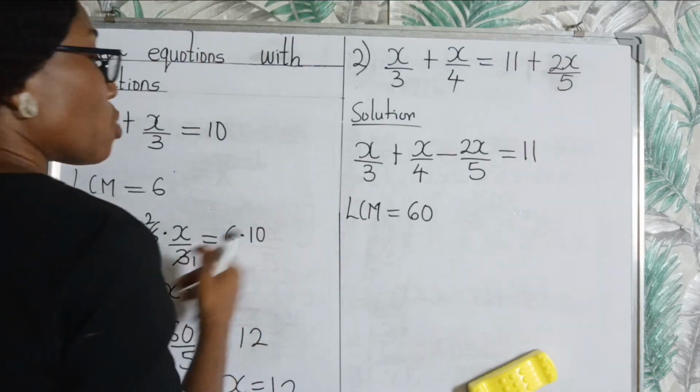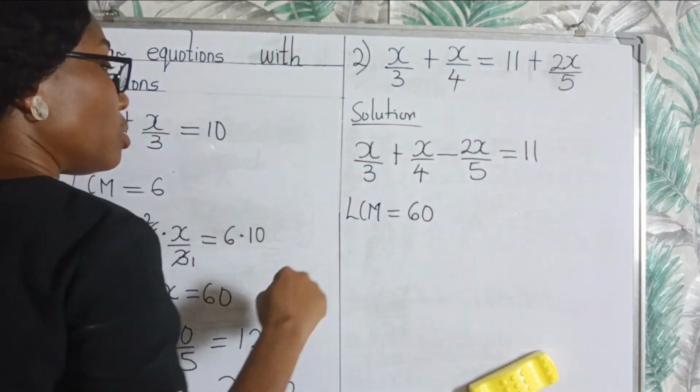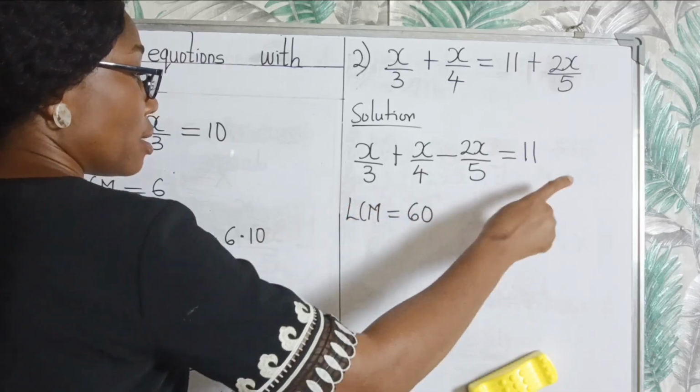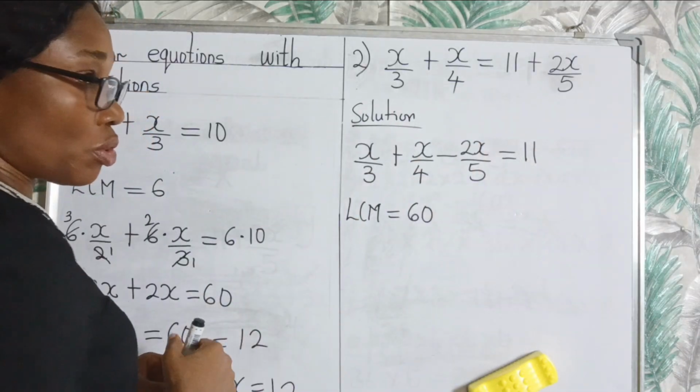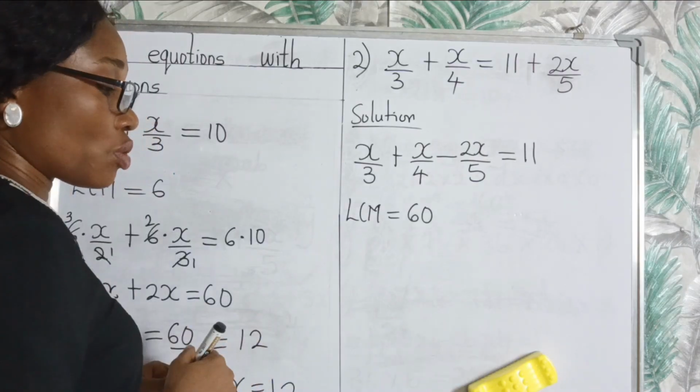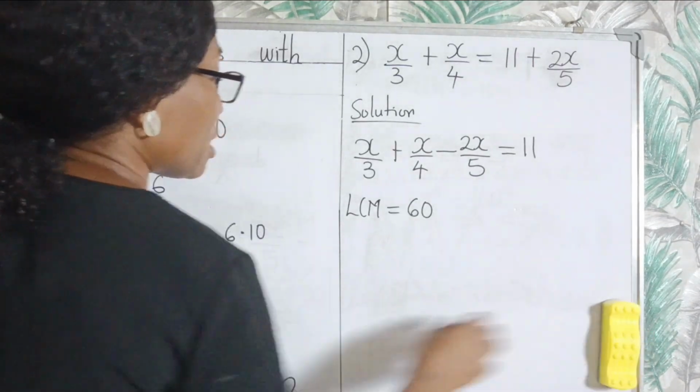Now, I'm going to multiply through the equation, okay? I'm going to use 60, multiply 60 throughout the equation. That is going to help me clear the fractions we have. So let's begin.